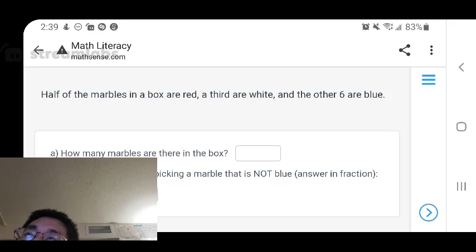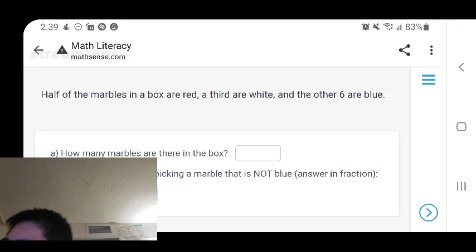Okay, so you want x to be the amount of marbles in the box. So 1/2 x is the amount of red marbles. Oh, okay, yeah, that's right.